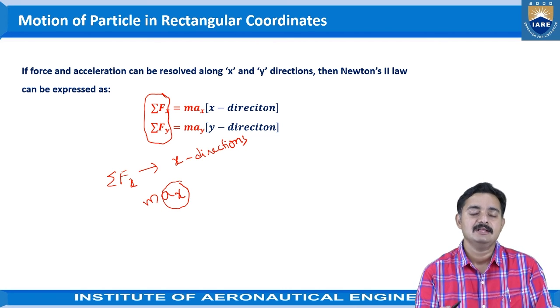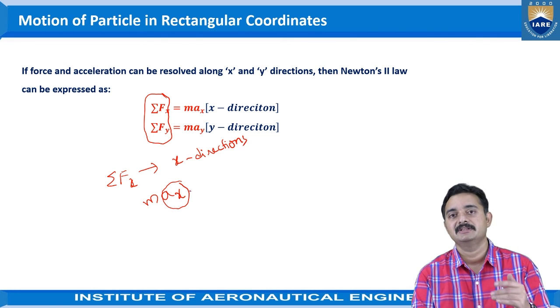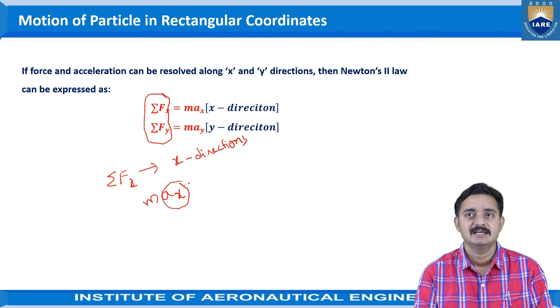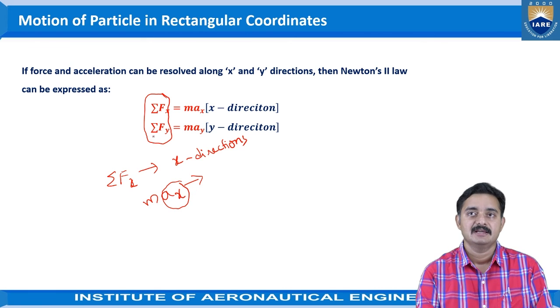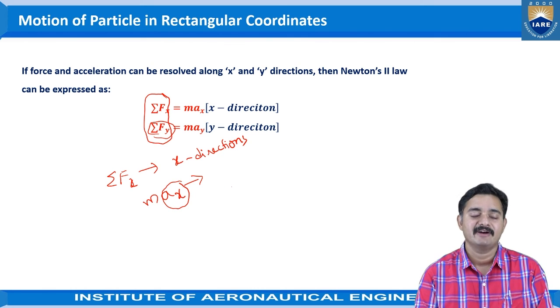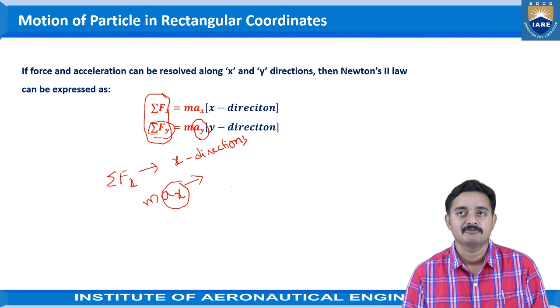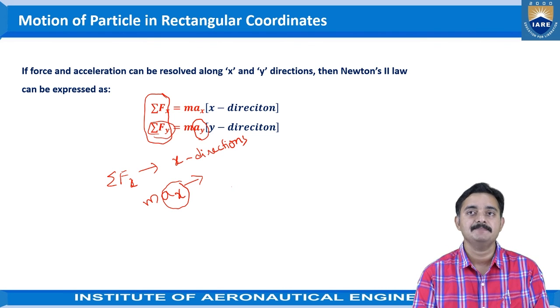So the ultimate equation would be mass into the accelerations in the x-axis direction, of all the connected bodies. Let us say a number of bodies are seen in the system, then the acceleration achieved in the system is the acceleration considered in the x-axis direction. Similarly, sigma Fy would be the forces involved in the y direction, and may would be the accelerations achieved in the system in the y-axis direction.